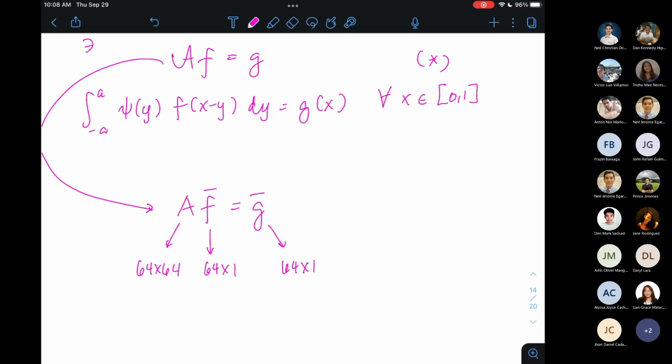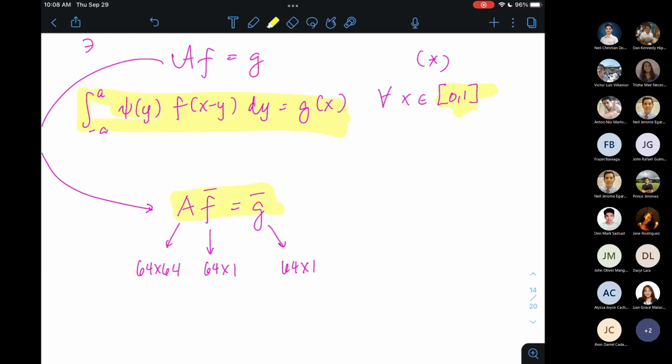So instead na i-match natin or isa-satisfy natin tong equation na to sa buong interval 0, 1, ang interval 0, 1, it has infinitely many elements, right? So hindi talaga natin to kayang ipagawa sa computers. So what we do instead is to ask our computers to find for us a solution that will be true at least for 64 x's on the interval 0, 1.